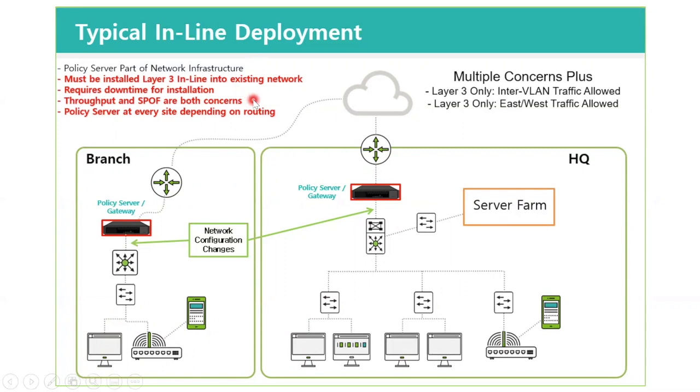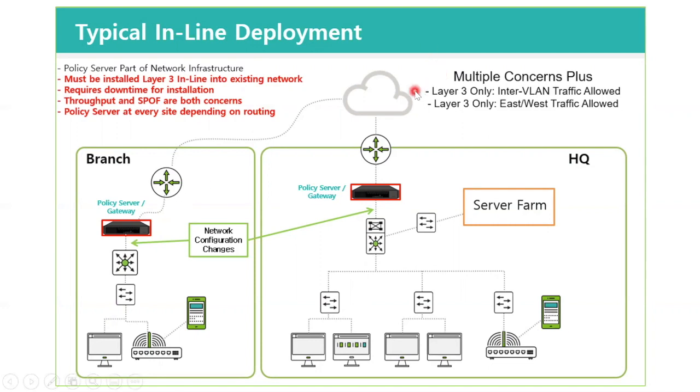And again, throughput now is a concern. You have to be able to handle the capacity of that traffic, and you've also introduced a single point of failure. Also, depending on your routing, in other words, if your branches have their own internet access and don't connect back to the HQ through a wide area network, now you have to have a policy server gateway at every branch. So you've got all those concerns.